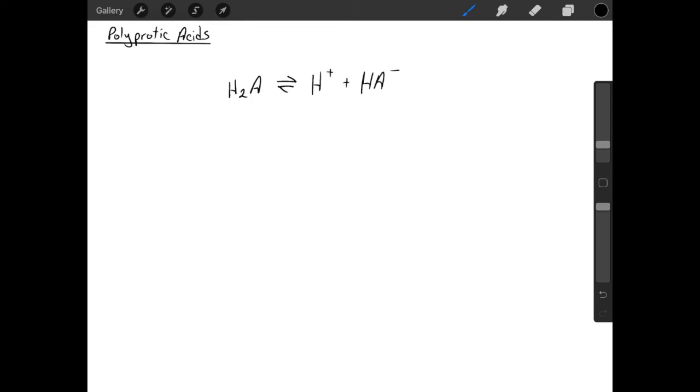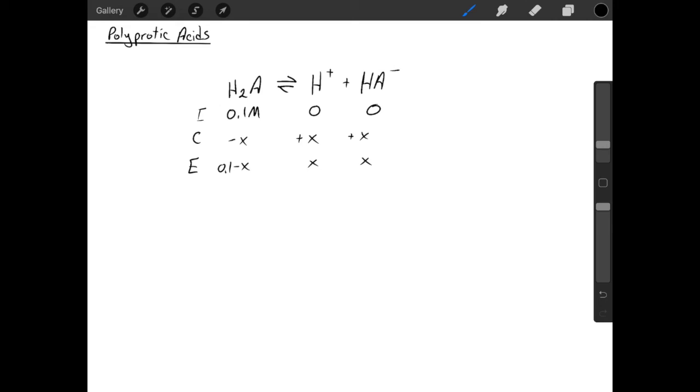If you want to calculate the pH of an H2A solution, that is some generic polyprotic weak acid, as long as you know the initial concentration and the K values, you can do this using an ICE table. If you initially start with some water and you dump in enough H2A to reach a concentration of 0.1 molar, you can work out the equilibrium concentrations of H plus and HA-.